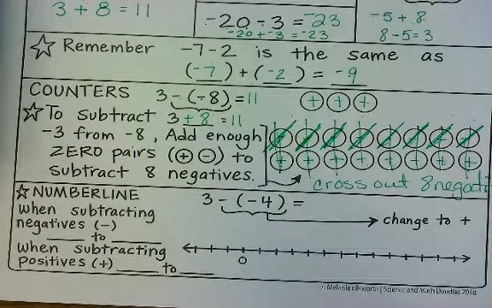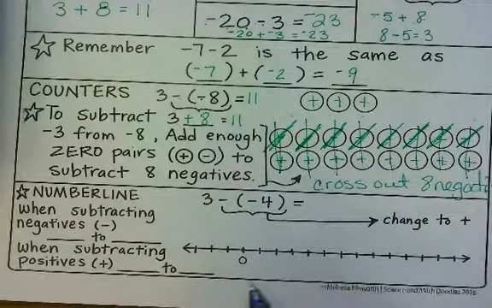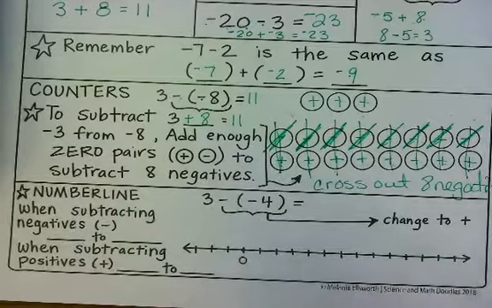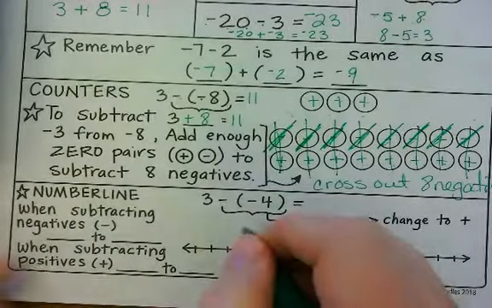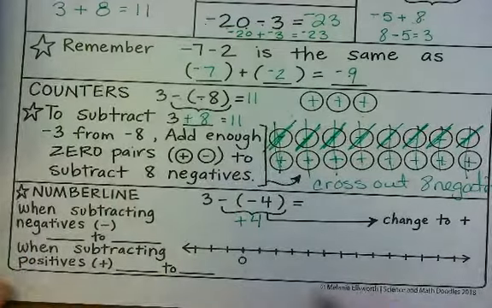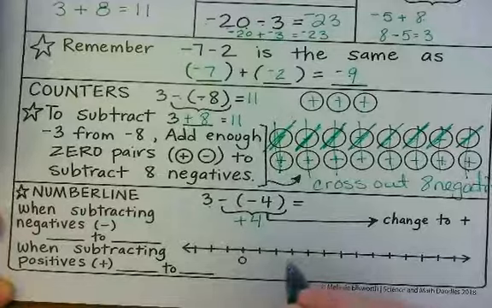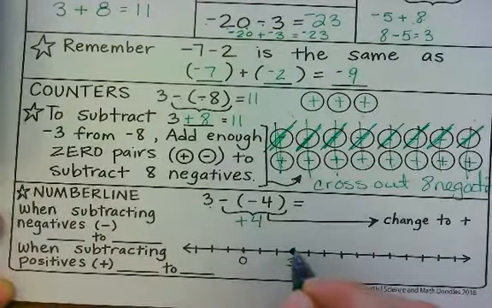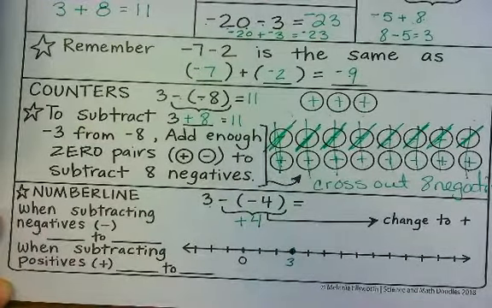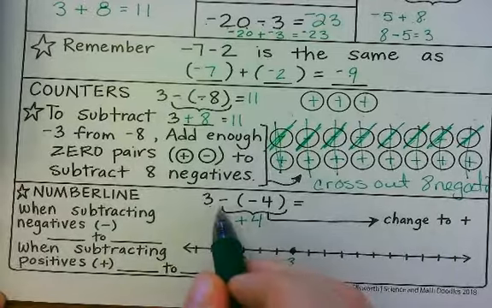Number line. So if I say 3 minus a negative 4, change it to a positive. We know we're going to change this to a plus 4. But what does that look like on a number line? Well, I'm starting at 3. So 1, 2, 3. Here is 3 where I start. And then I'm going to do the opposite. So the minus means do the opposite.